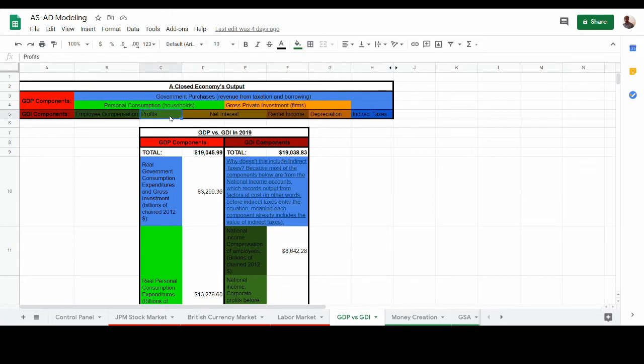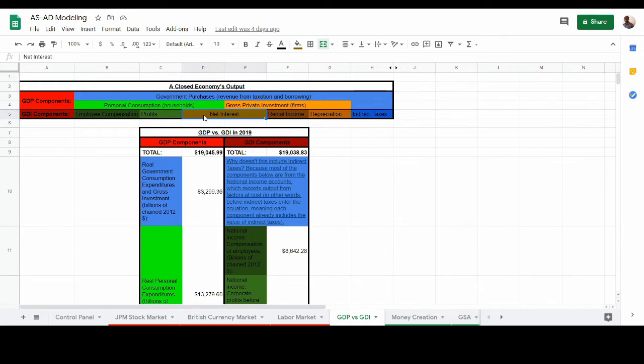The profits component is really profits from firms. So whatever you get after considering all expenses in the firm, right? You take your revenue, subtract expenses. We're going to, in a very basic sense, assume that the difference between that are the earnings that should be profits for households to collect.